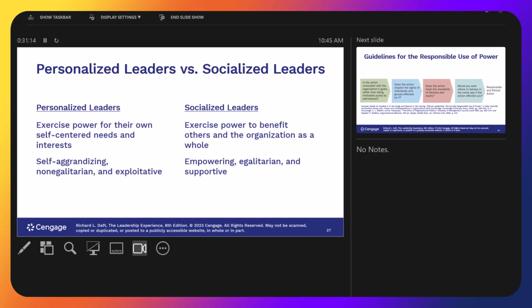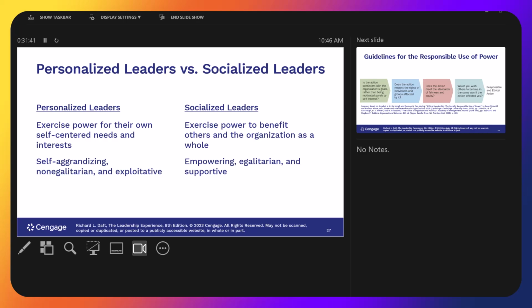Socialized leaders exercise power to benefit others and the organization as a whole, emphasizing that they're very supportive. So when you look at this, it's about how do I make things better as a group as a whole? They never show you one sign that what they're doing is self-serving. And if somebody tries to make the allegation that what they are doing is self-serving, if they look just a little bit, they'll find out that it's not.